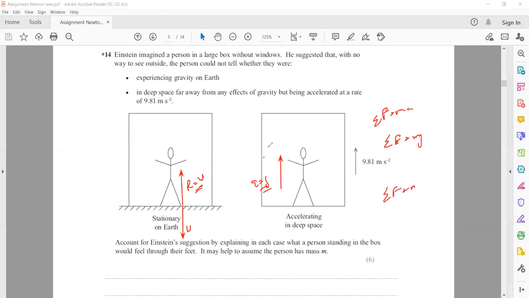So he will also experience a force equal to his weight, and the person on the earth also experiences a force equal to weight. That's why we cannot tell whether we are stationary on the earth inside a box or accelerating in deep space.